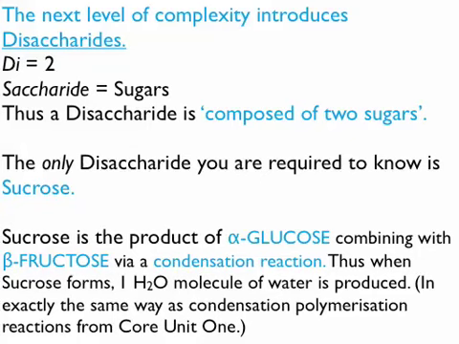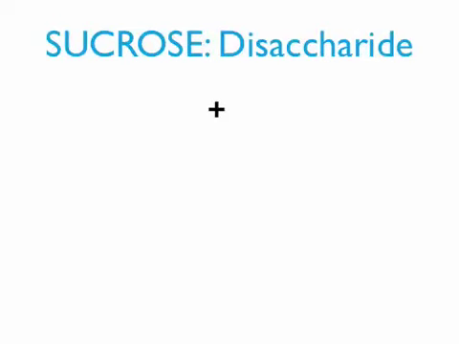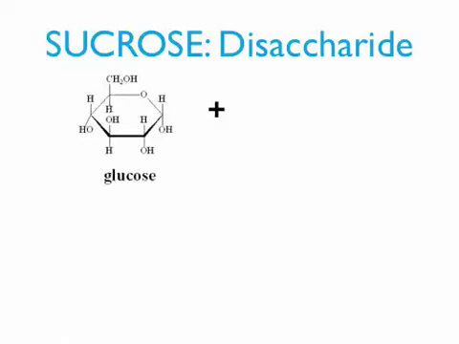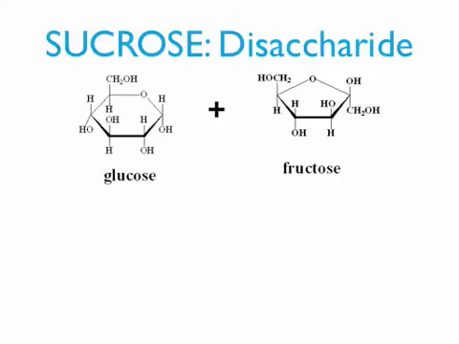And this happens in exactly the same way as condensation polymerization reactions that we did in our first core unit. Remember that a condensation reaction occurs when 2 molecules join together with the emission of a smaller molecule, usually water. So sucrose is an example of a disaccharide, and it occurs when glucose is added to fructose.